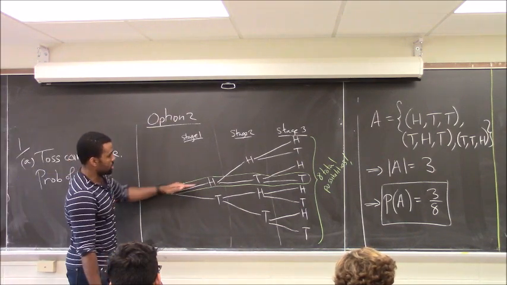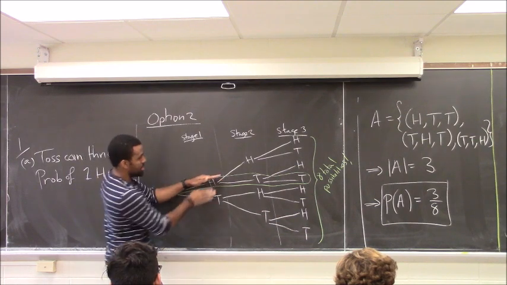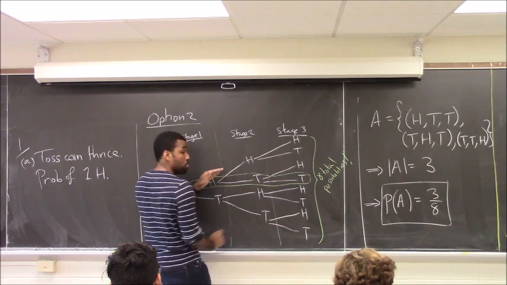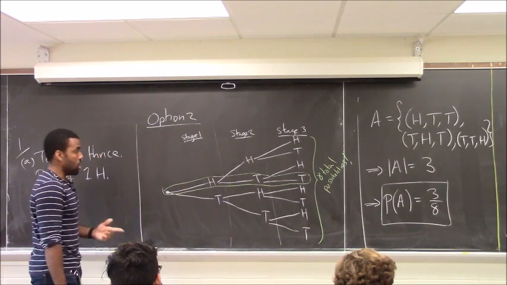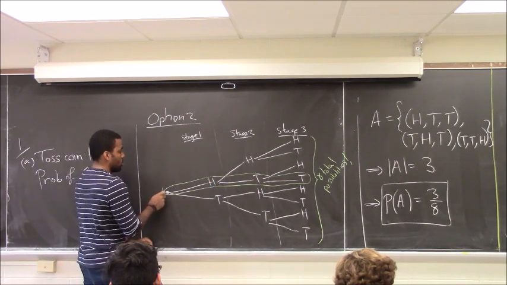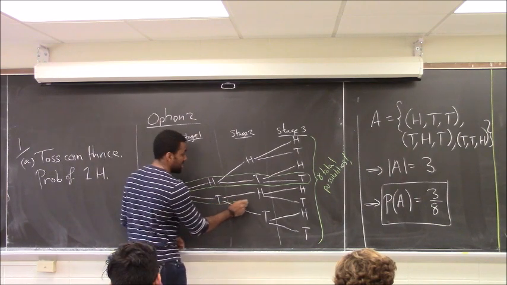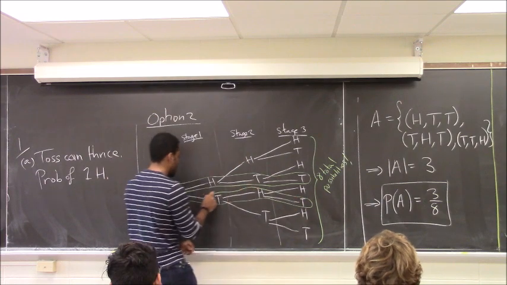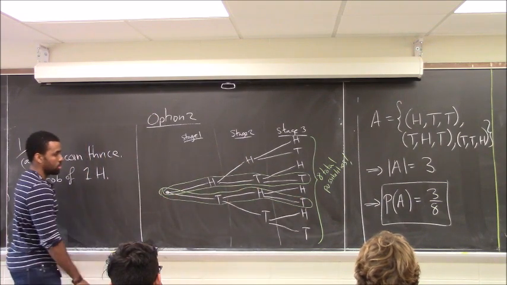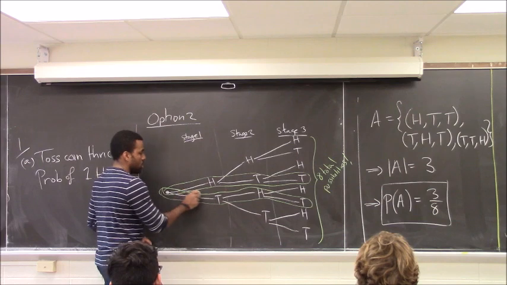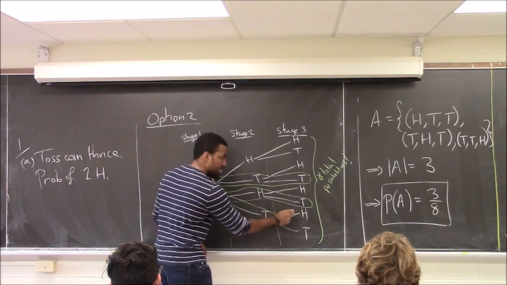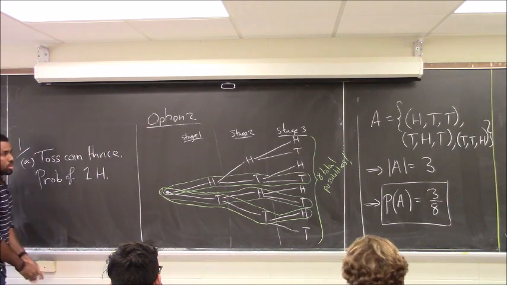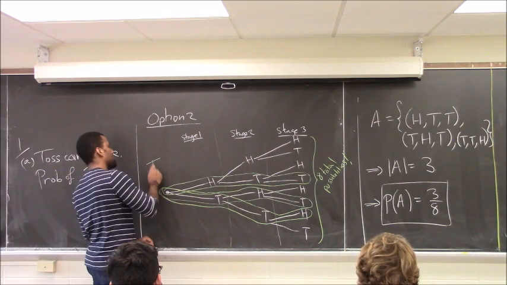And if you notice, going along this arm, that's literally the only path I can take, because any other path I take, I would get more H's. So the other option is I can go along, get a tail first, then get heads, but once I get that one H, I would have to choose tail again. So that's another option. Or I can get tails, I can get another tails, but I need to make sure I get at least one H. So there are 3 arms that give me what I want.